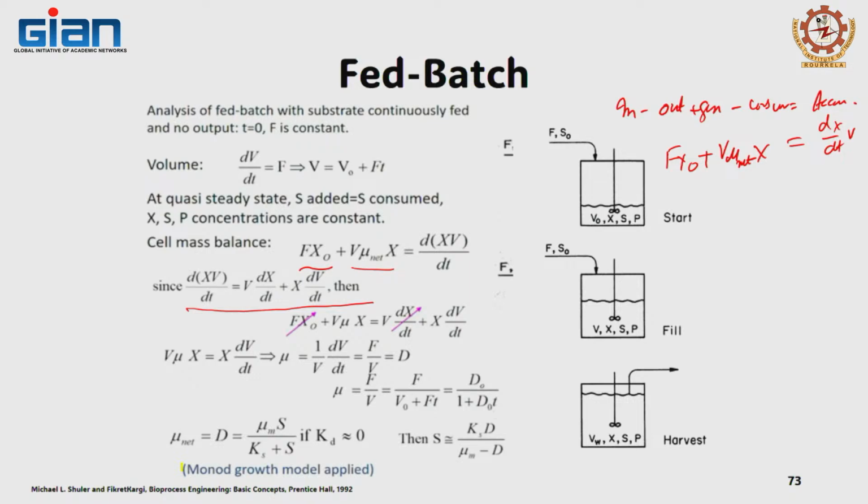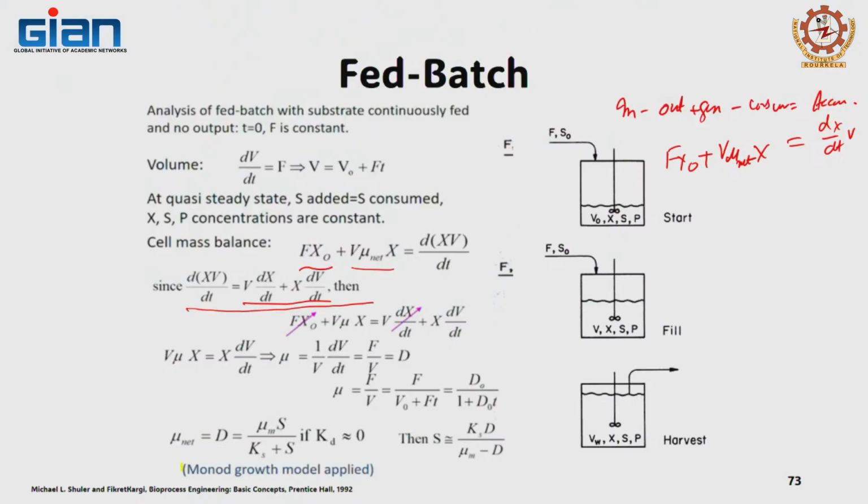That is why you differentiate that also, and that is the reason you have V dX/dt and X dV/dt, because you are changing the volume with respect to time. Then your F X0 plus V mu_net X is equal to V dX/dt plus X dV/dt.